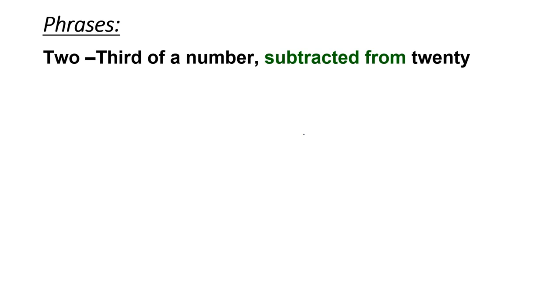Here's our first example. 2/3 of a number subtracted from 20. Now, subtracted from is used. You have to be very careful about this phrase. Whatever comes after the word from, it could be a number or a letter, you need to write that first. So in this case, I'm going to put my 20 first. Subtracted from means subtraction sign.